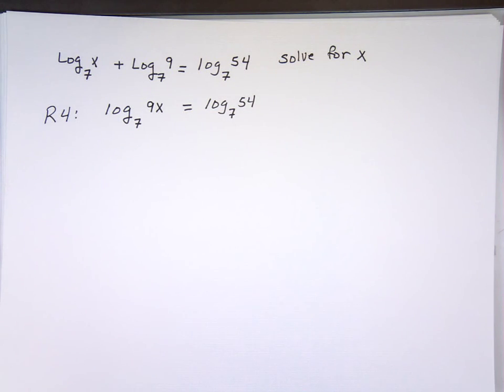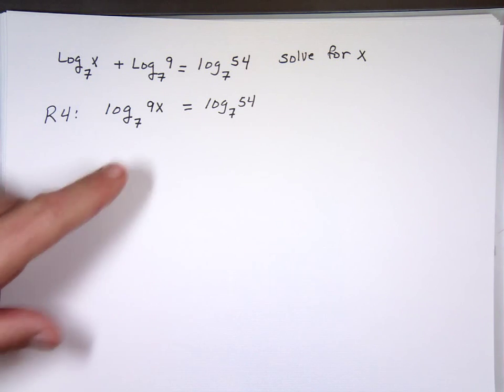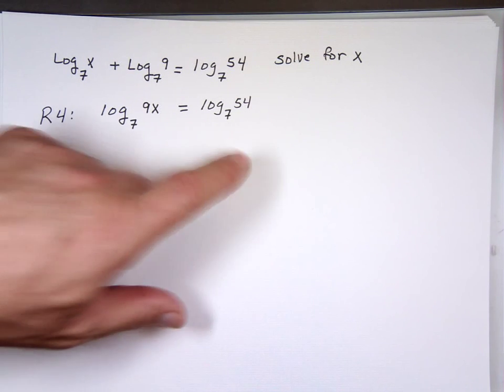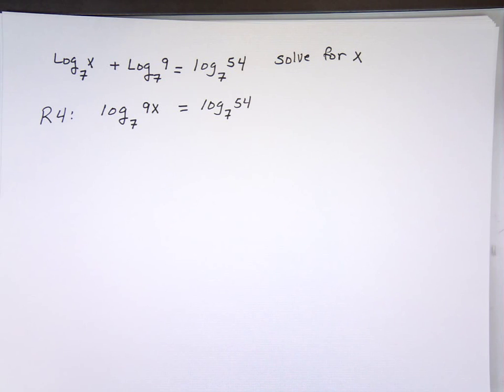Now here you've got the log on both sides, the same base. Thank goodness. If this side is equal to that side, with the log on both sides and the same base, we can drop them. You can't divide by log 7, because log base 7 by itself means nothing.